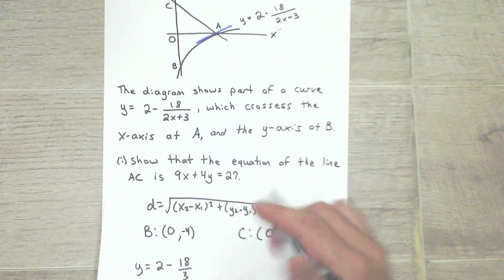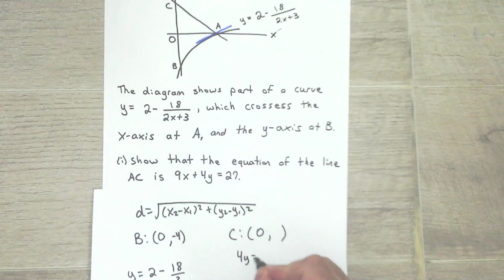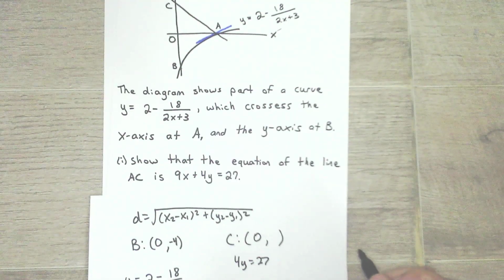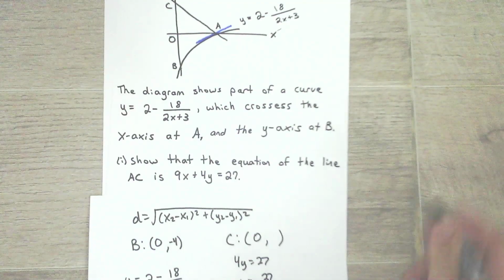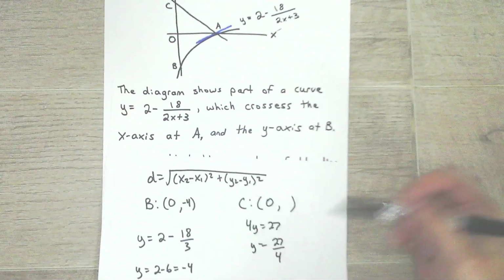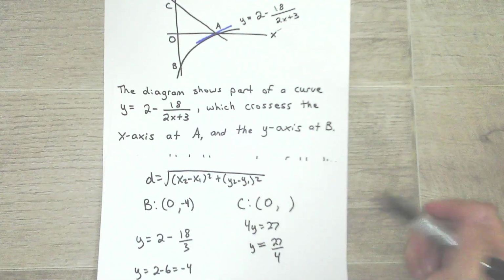Now what about for C? We'll use the equation of the line for AC. We're just going to plug 0 in for x. So we get y equals 27 over 4. Just leave it as a fraction. Don't worry about trying to use decimals.